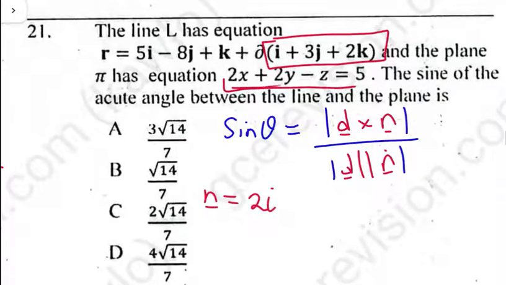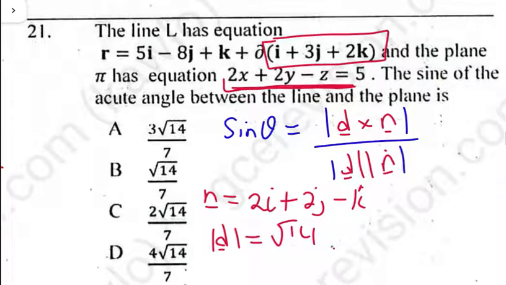You can get it from here: 2x is 2i, plus 2y is 2j, minus z, so minus k. So that's the normal to the plane. And from here, the magnitude of d is 1 squared plus 3 squared plus 2 squared, 1 plus 9 is 10, plus 4, that's 14. So mod d is root 14.